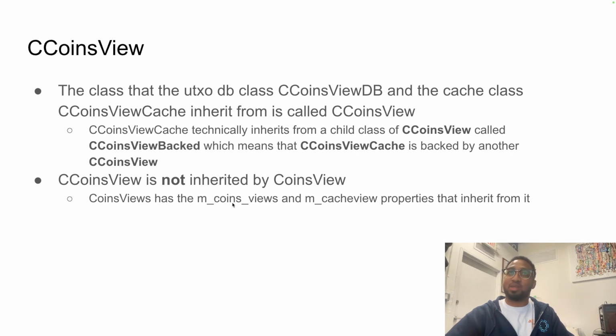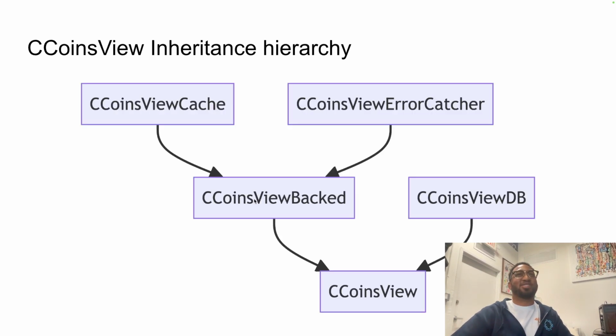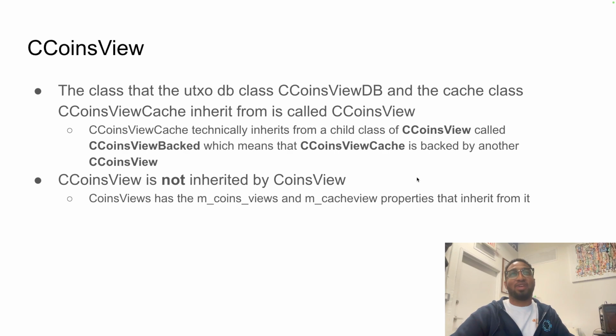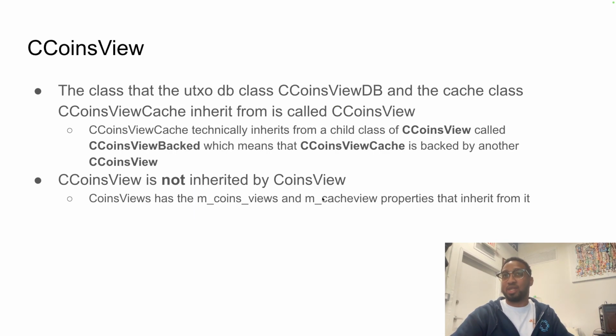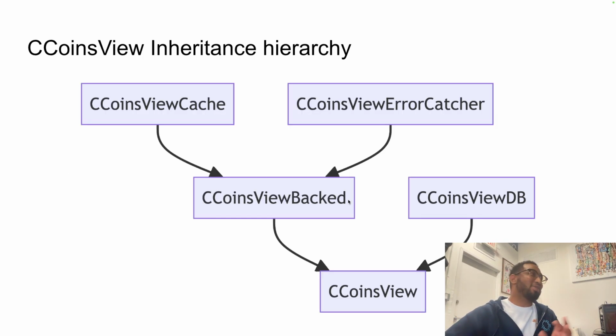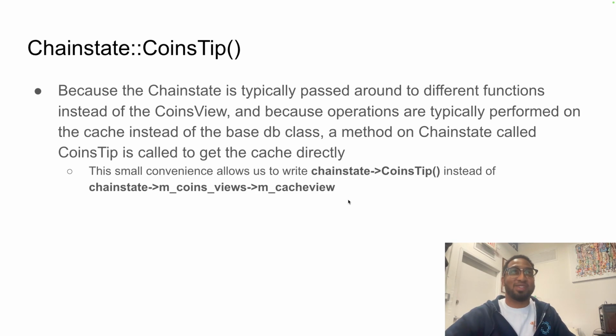I think maybe I got these property names wrong, but I'm not surprised. There should be a DB property on CoinsViews, and then a CCoinsViewCache-typed object in m_cache_view. I have some code for that, and you'll see it, but I'm trying to give you some more tidbits of understanding before we jump more into the code.